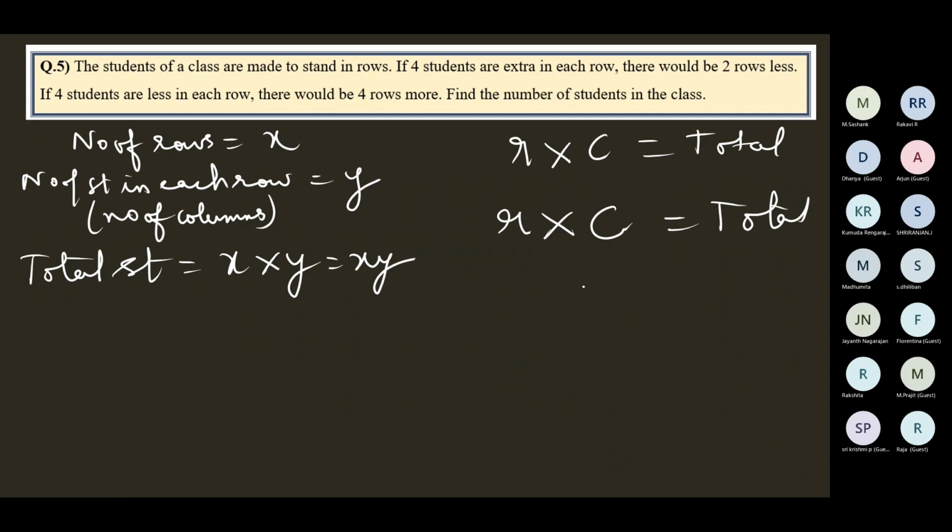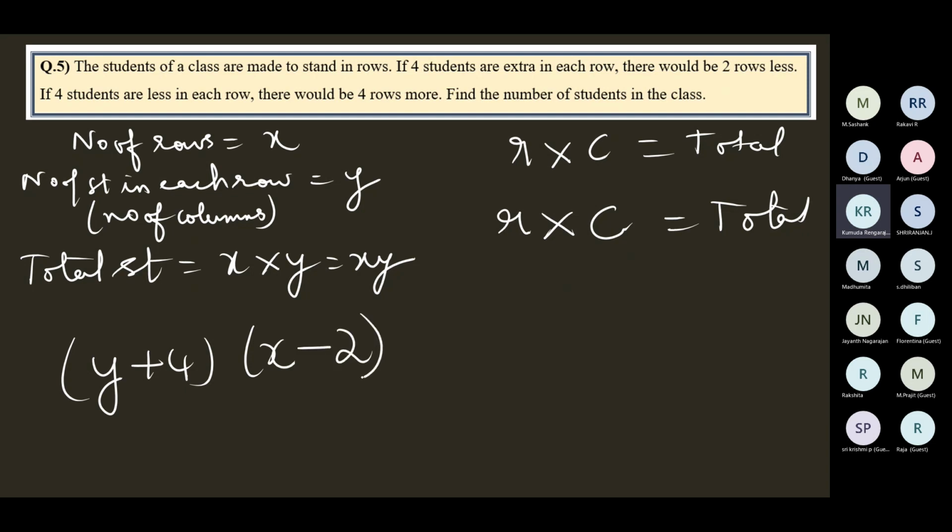Okay. If 4 students are extra in each row, so that means how many students are there in each row? Y. 4 students are extra, so Y plus 4. There would be 2 rows less. How many rows are there? X rows. 2 rows less meaning minus 2. This is the new number of rows and this is the new number of students in each row.